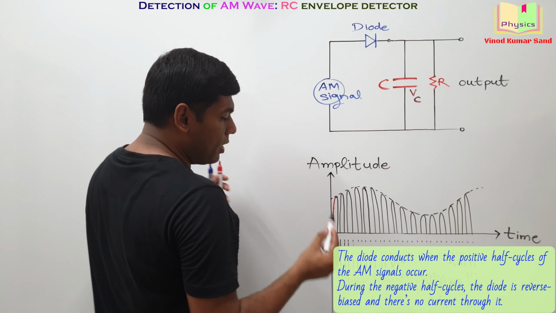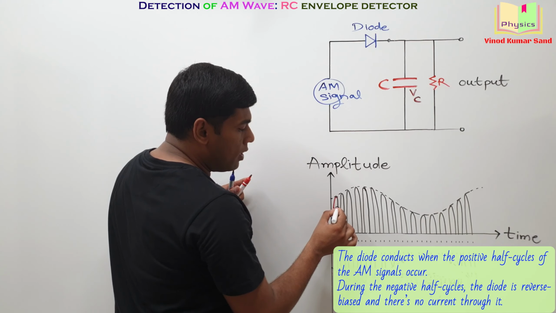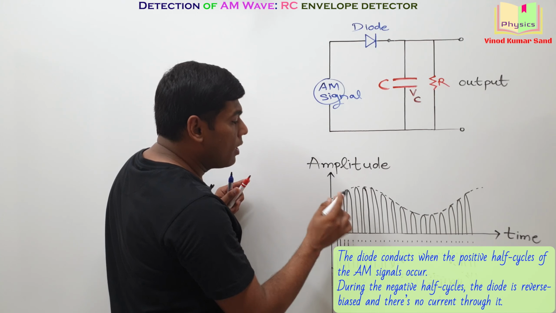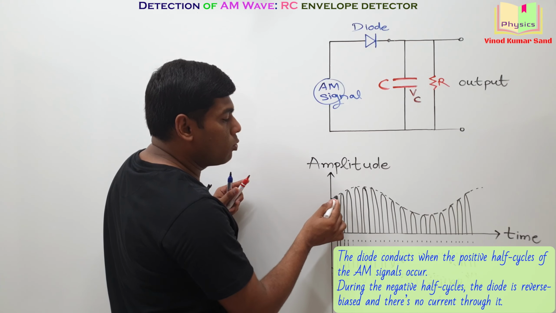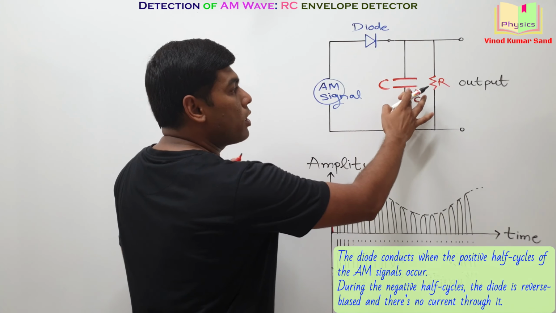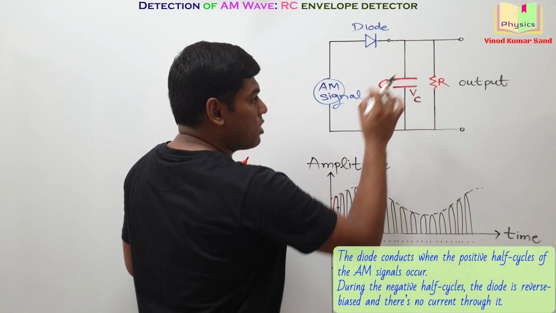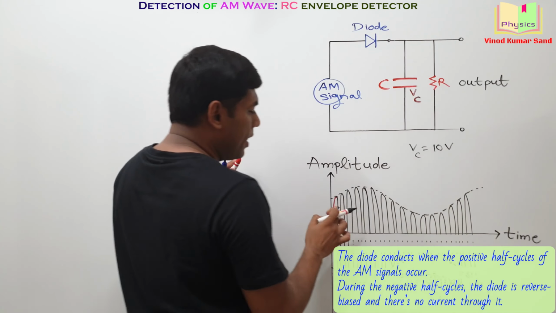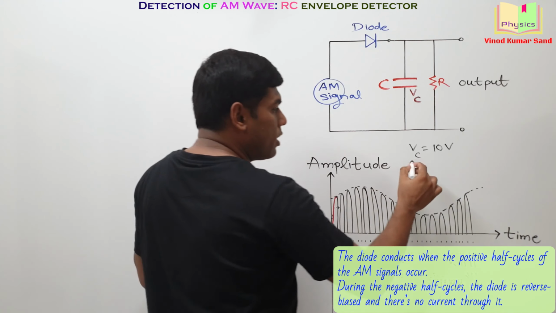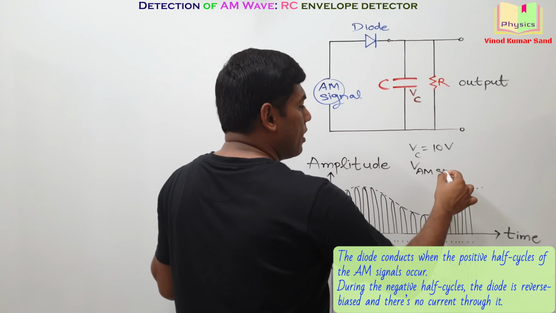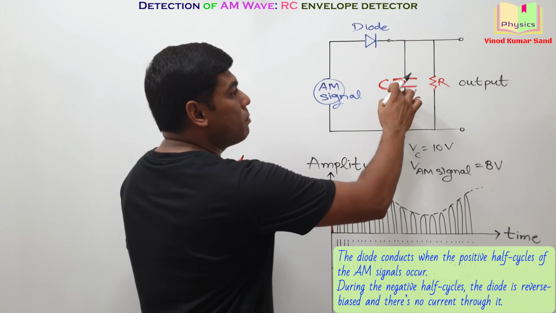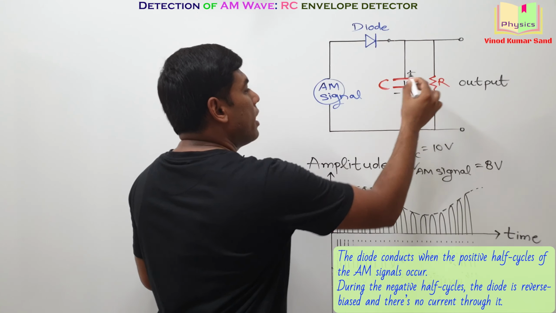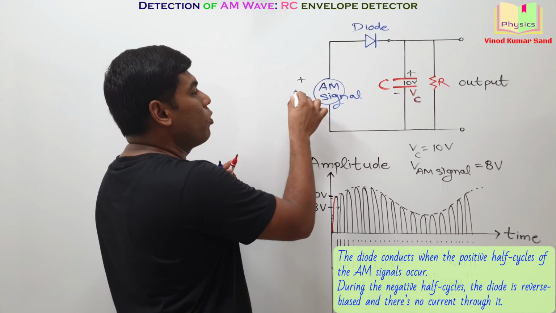For example, suppose the AM signal's voltage level reaches here at this point, but the capacitor has been charged up to this level. It means the voltage across the capacitor is more. Just for example, suppose Vc is 10 volt, and at this point the voltage of the AM signal is 8 volt. It means here we have 10 volt and here we have 8 volt.